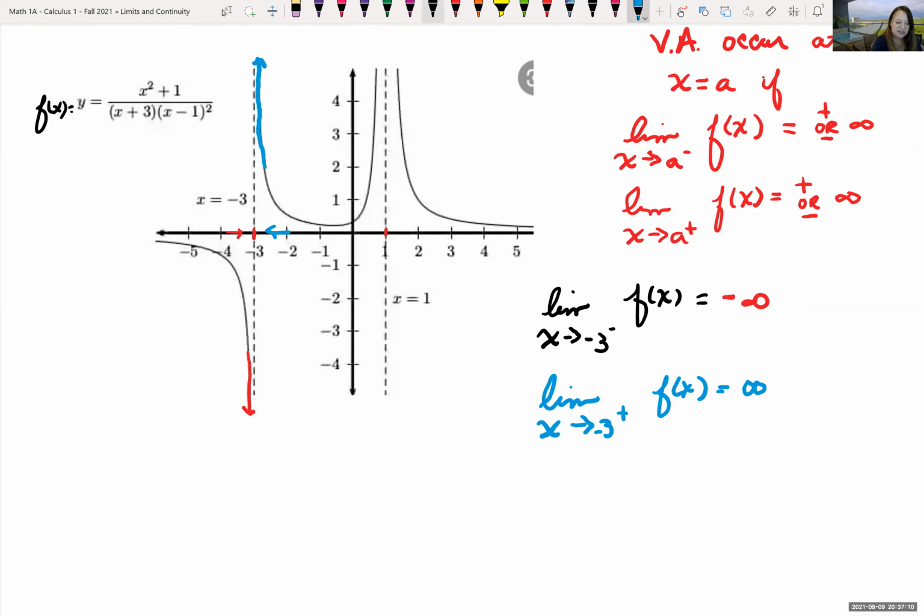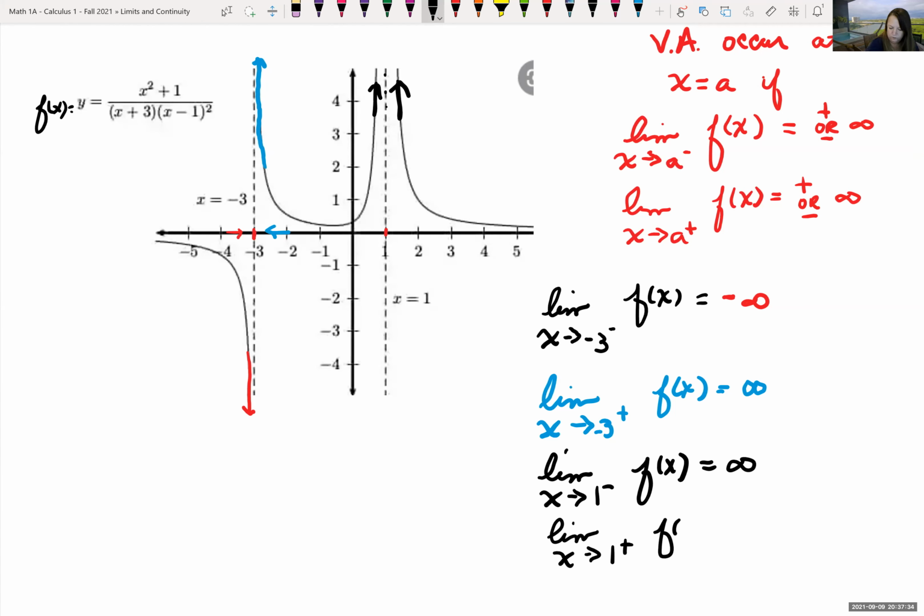We can see we have another vertical asymptote at 1. The limit as x approaches 1 on the left shoots up to positive infinity. Same thing if we're coming in on the right-hand side. This is also shooting off to positive infinity.